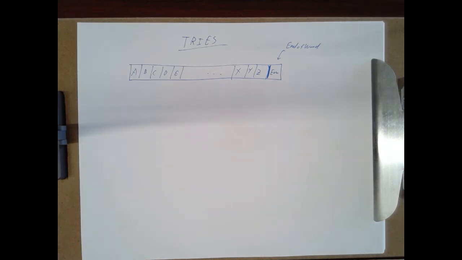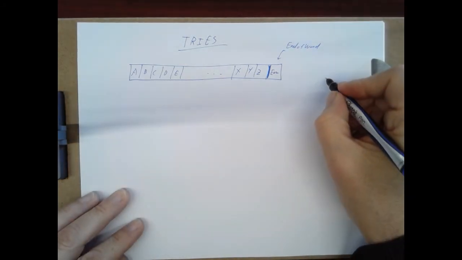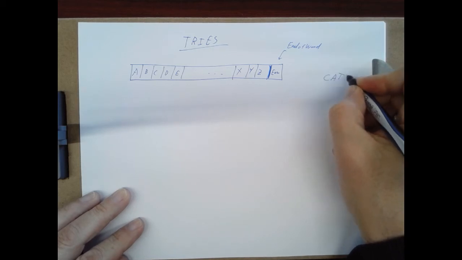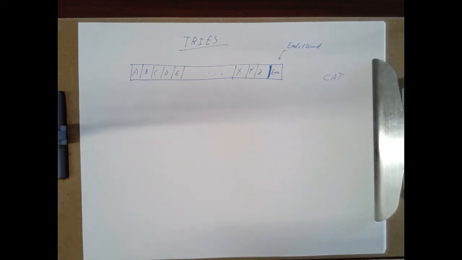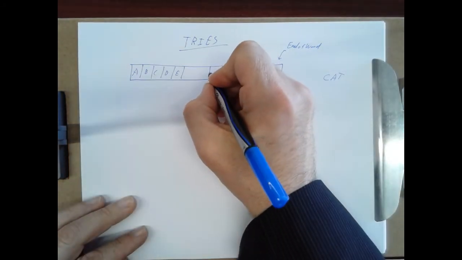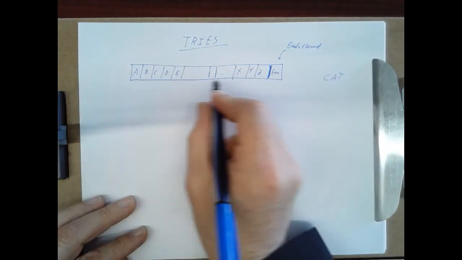All right, so how do we store information in our trie? We start off, our trie is empty, so the root is null. So let's say we want to store the word cat. Okay, we create an initial node, and all of these pointers are null.